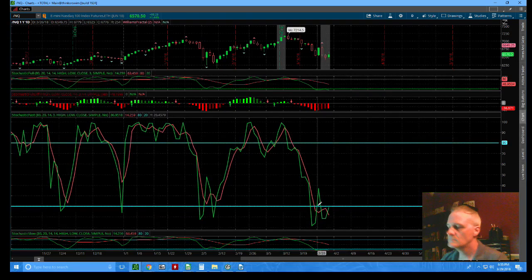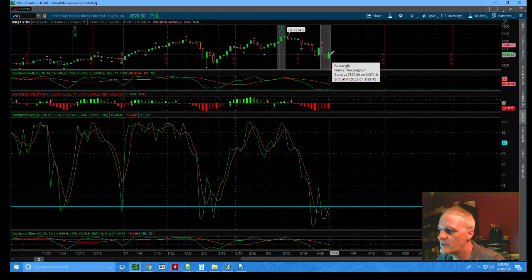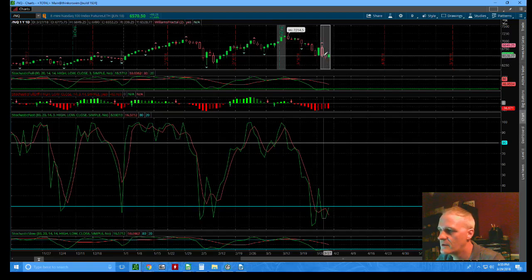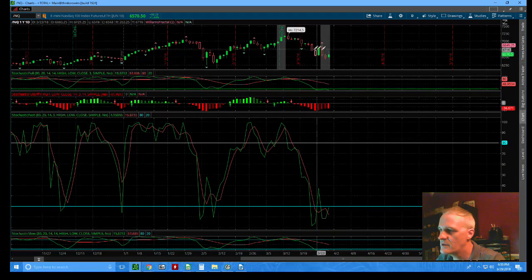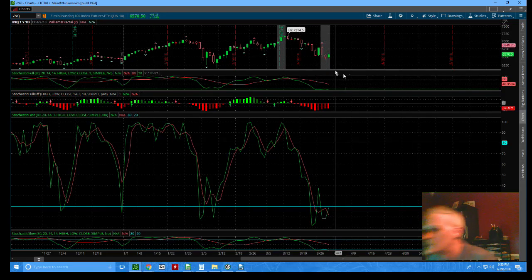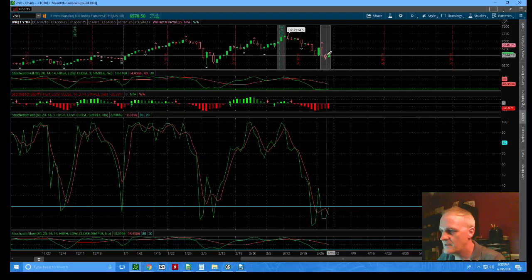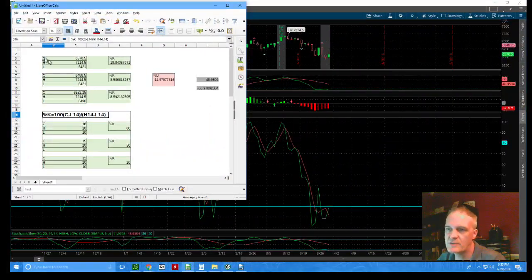All right, so what we did was we calculated percent K for the 14-day period from here to here. That's one input. From here to here, that's a second input, and then from here to here, that's a third input. So that was percent K at this close, and this close. It's in the spreadsheet.